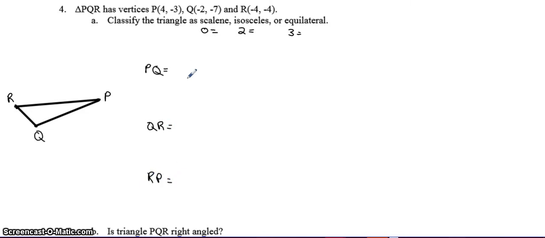So using the length formula, what I want you to do is to press pause, use the length formula to find the length of these 3 sides, and then determine if it's scalene, isosceles, or equilateral. So press pause, find the length of these 3 sides, and classify your triangle. When you're finished, come back to the video to check your answer.